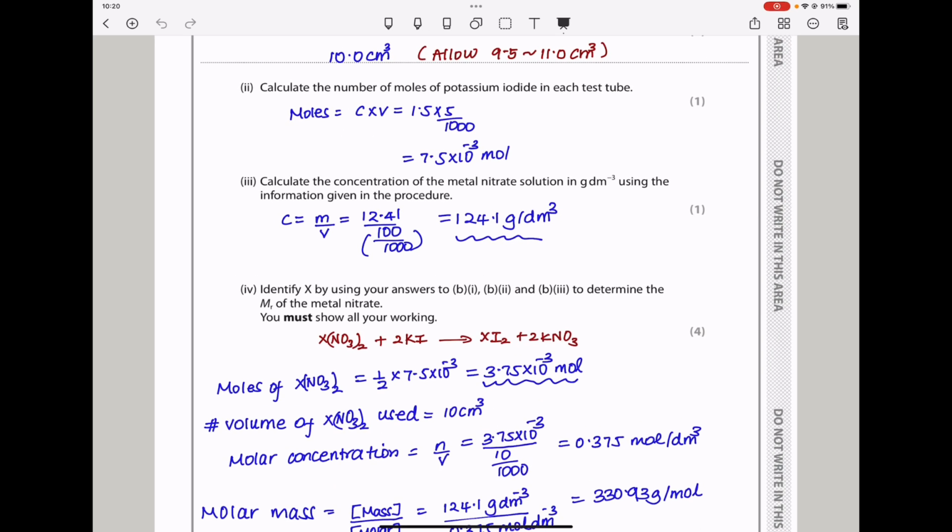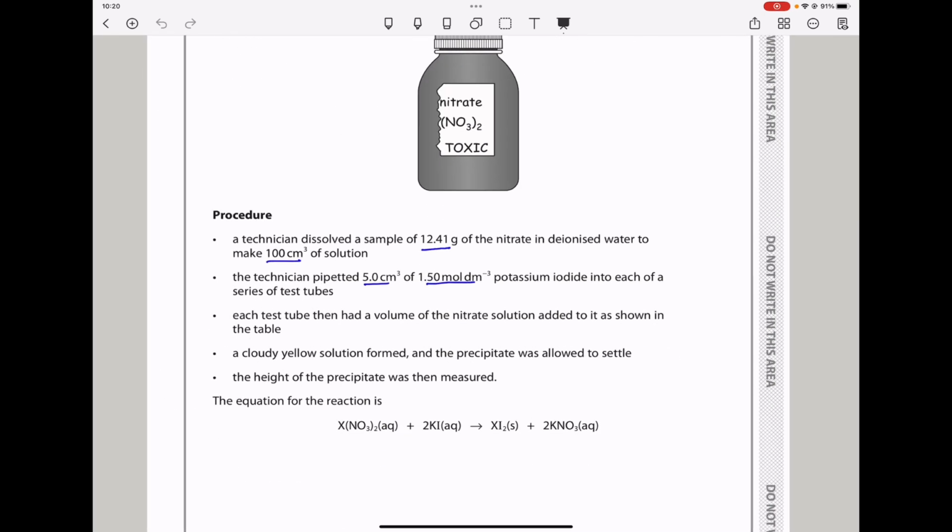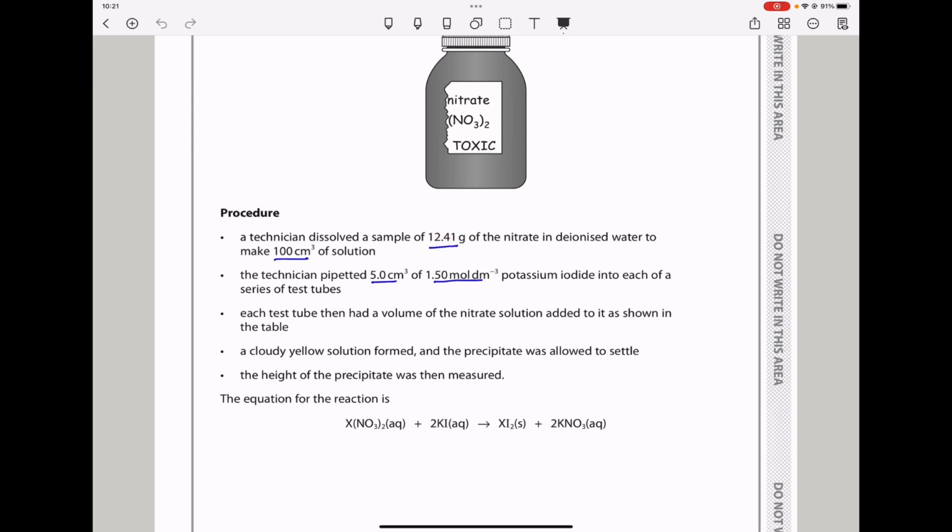The next they say, calculate the concentration of the metal nitrate solution in gram per decimeter cubed using the information given in the procedure. Concentration in gram per decimeter cubed is mass concentration, so it's going to be mass divided by the volume. So if I take you back here, the mass given to us is 12.41 and the volume is 100.